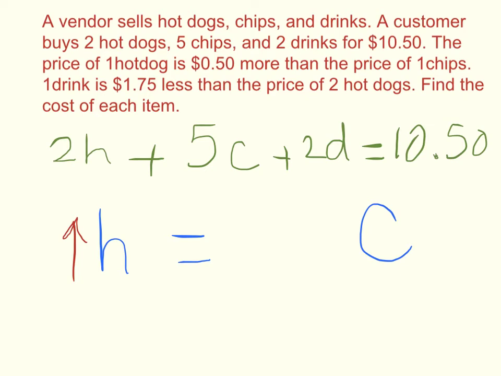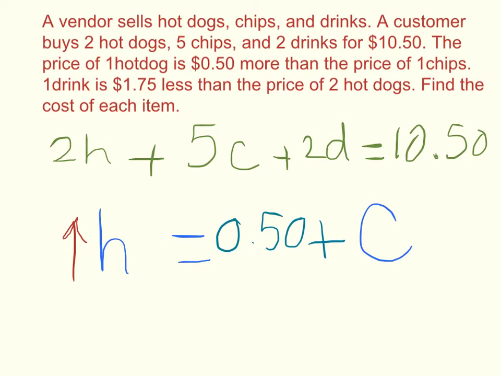If the hot dog is 50 cents more, and I want to make the bag of chips equal to it, then I should increase the bag of chips by 50 cents. Or I can decrease the price of a hot dog by 50 cents. So I can add 50 cents to my chips, or say H minus 0.50, so that they're equal. I'm inserting that equal sign because I'm trying to make them equal so that it's an equation.